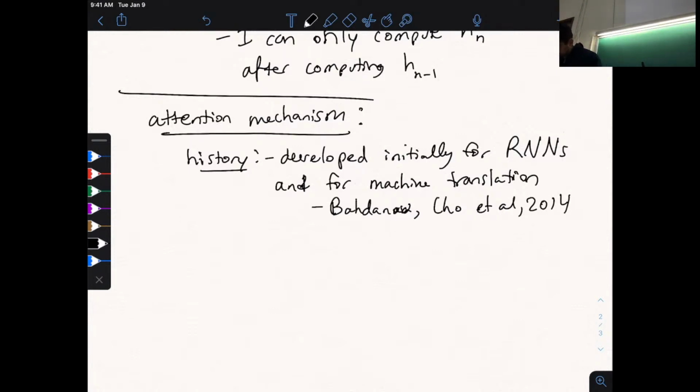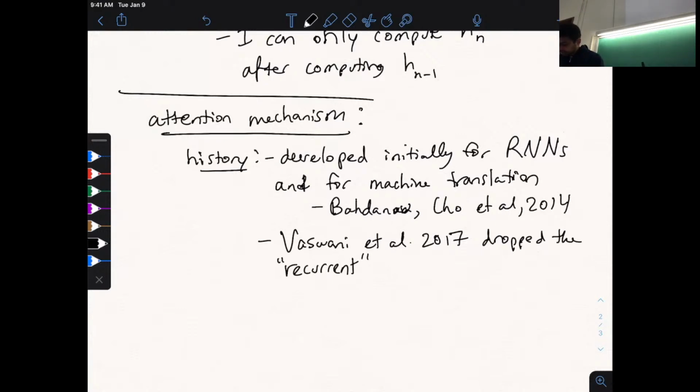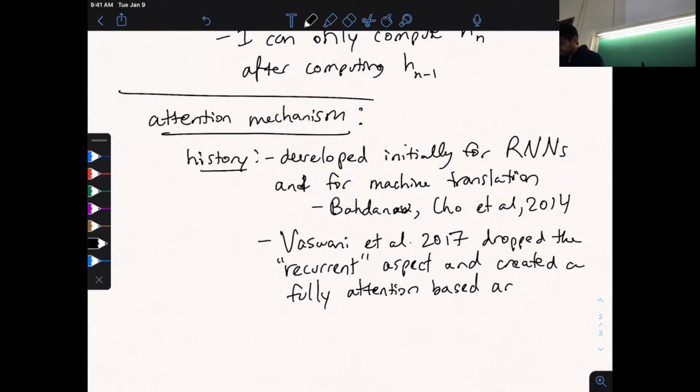And then later, Vaswani et al. in 2017 dropped the recurrent aspect and created a fully attention-based architecture, and this is known as the transformer.